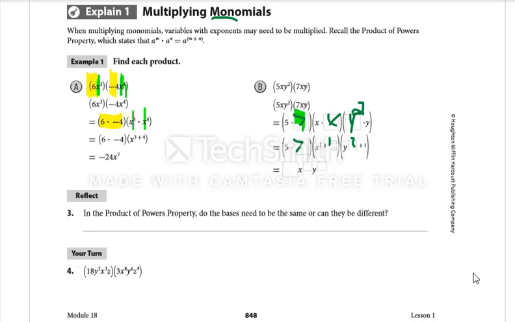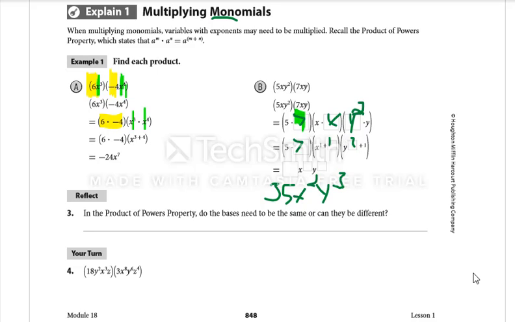This ends up giving us 35x, 1 plus 1 is 2, x squared, y to the third. And I'll try to actually make it look like a third. There, almost. Okay, so 35x squared, y to the third.